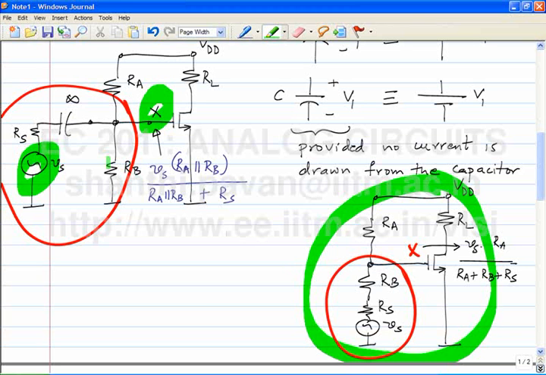So in the topology in the top left, for example, if one chose Ra parallel Rb to be much greater than Rs, then the incremental value of the voltage at X will be the same as Vs.